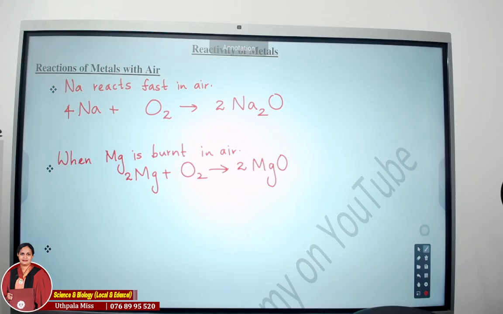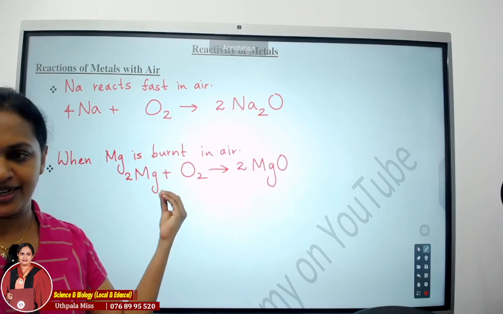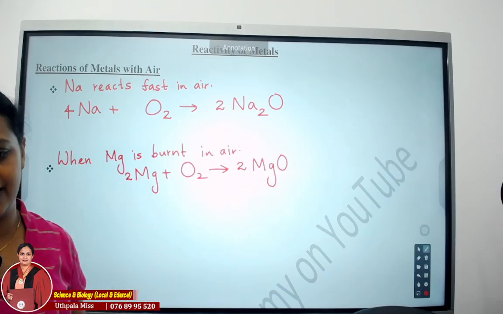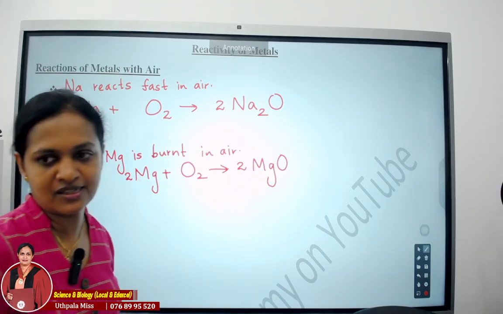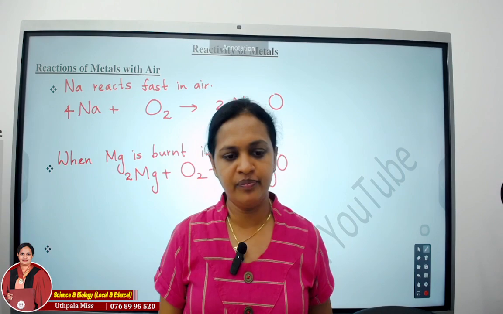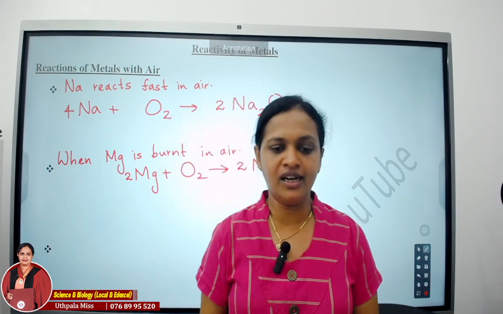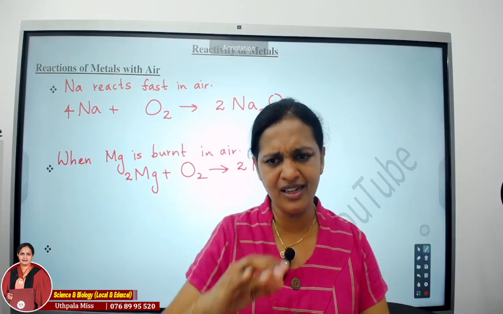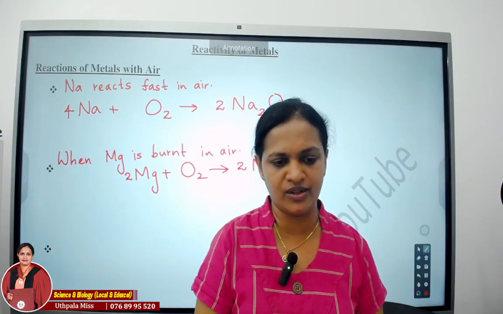Sodium reacts readily with air. Magnesium reacts when it is burnt in air. When we consider metals like zinc, iron, copper, when heated in air, they become dull. Again, an oxide layer is formed around them.